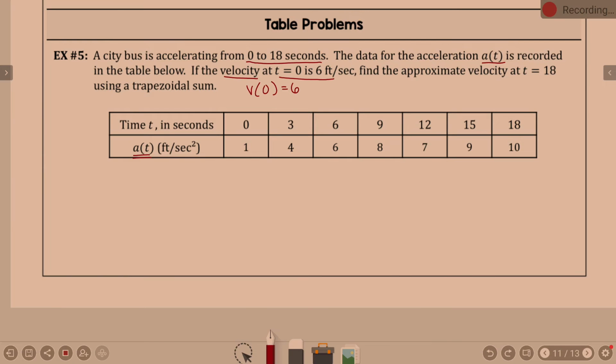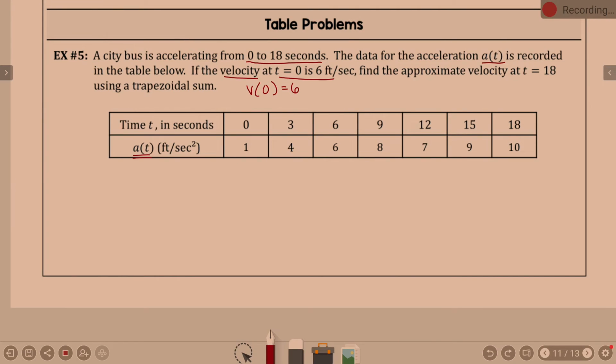Keep in mind, velocity is the integral of acceleration, yes? So we're trying to find the integral. Trapezoidal sum is one of the ways we can find the area under a curve before we knew how to do an integral, or when we didn't have a function. We started off doing rectangles under the curve, and then we eventually ended up with trapezoids because they're more accurate.